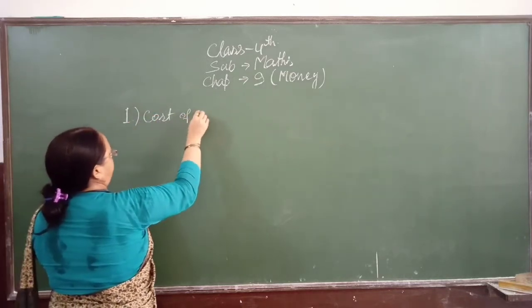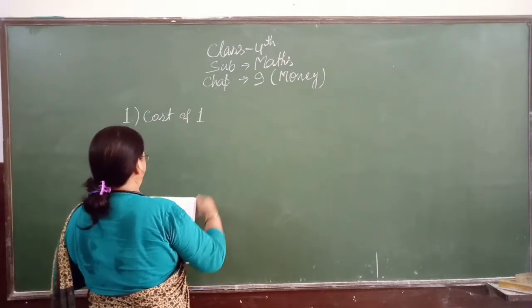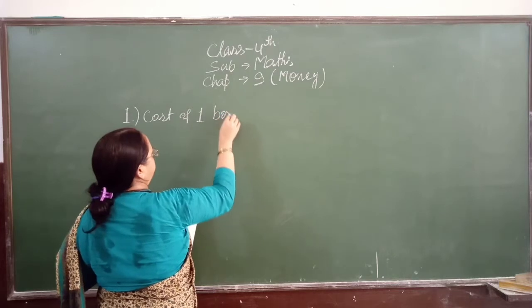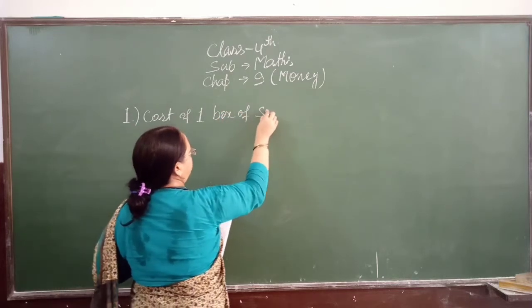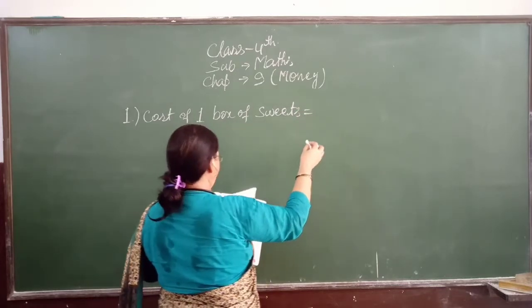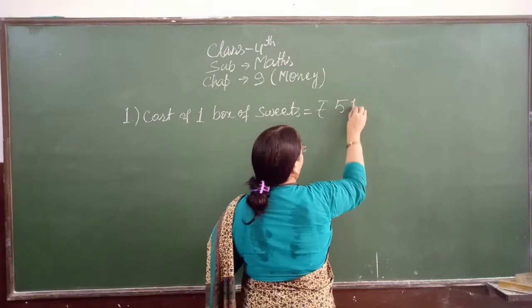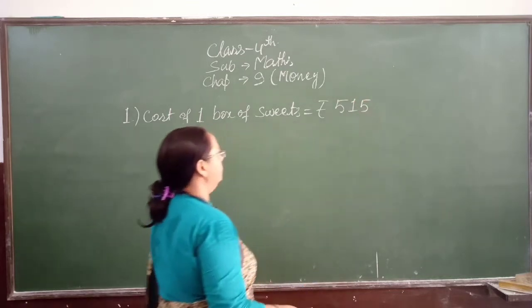Cost of one box of sweets is equal to rupees 515.